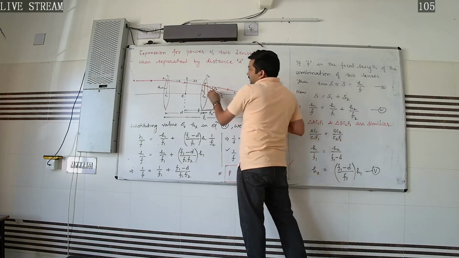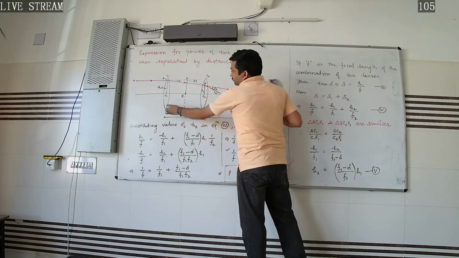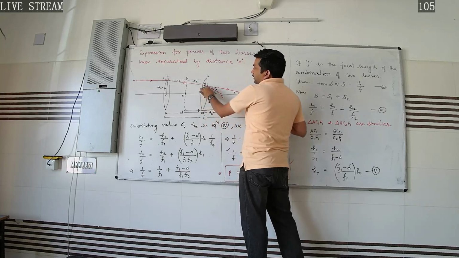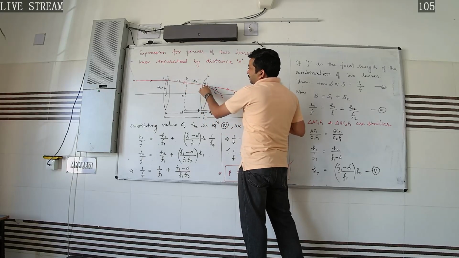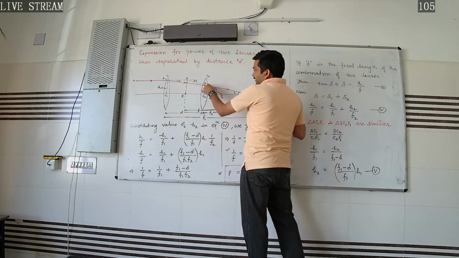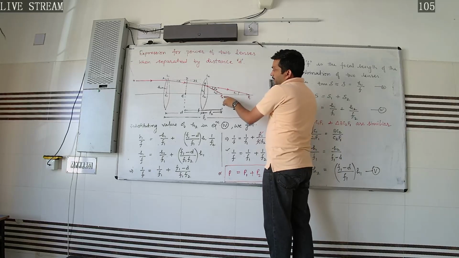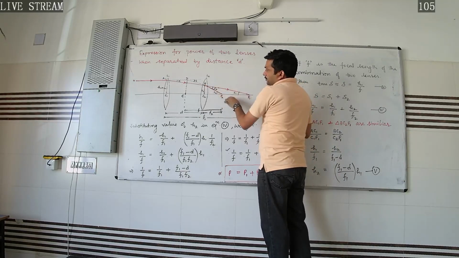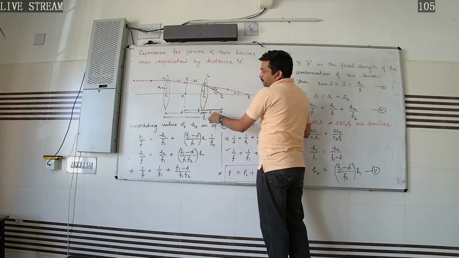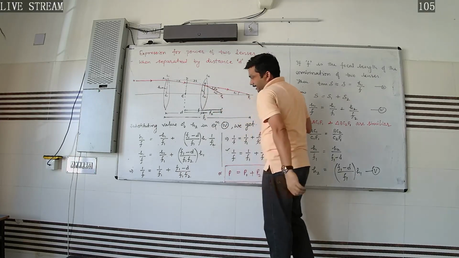In the second case, if we consider the presence of lens L2 at a small distance d from the lens L1, then again the ray of light falling on this lens L2 will suffer refraction and get refracted at the principal focus F2. Now what about its power? Tangent of angle delta 2 will be equal to H2 over F2, where F2 is the focal length of this lens L2.